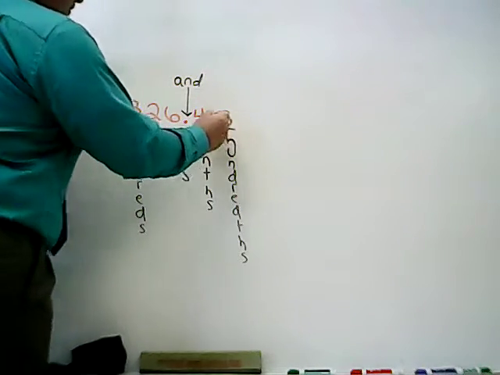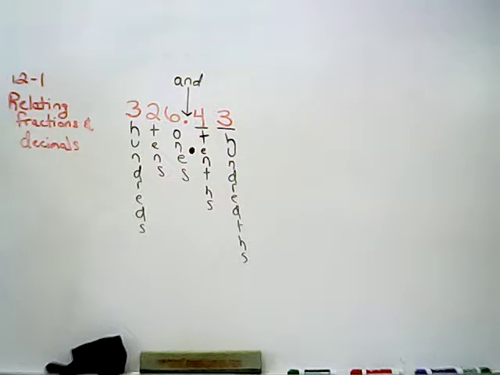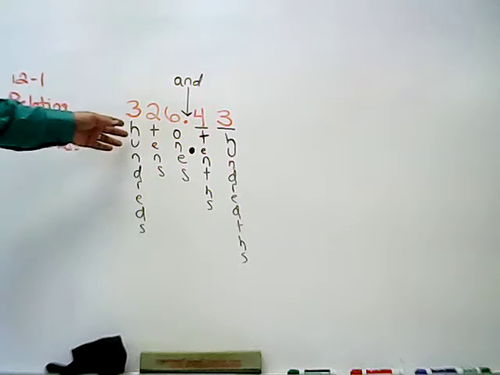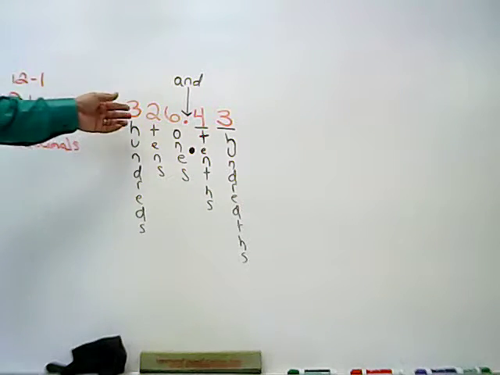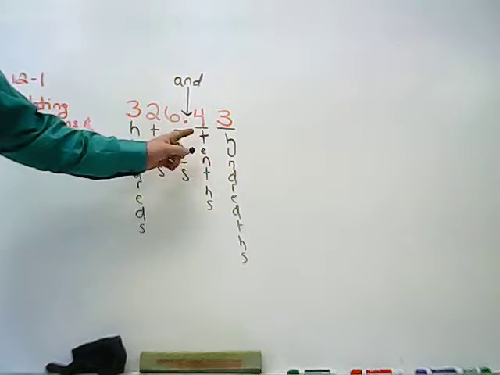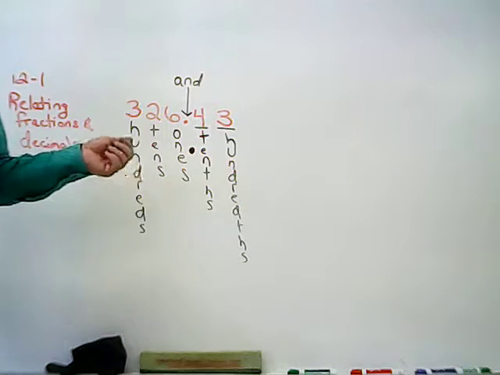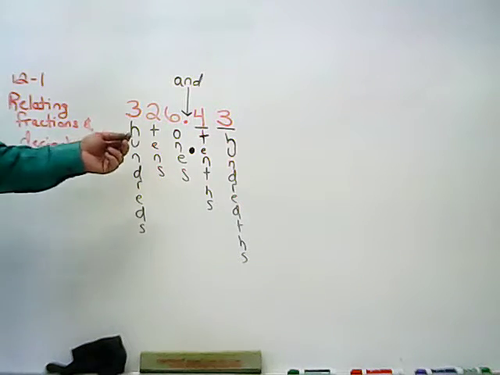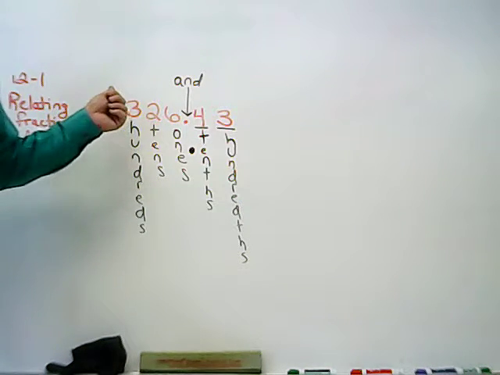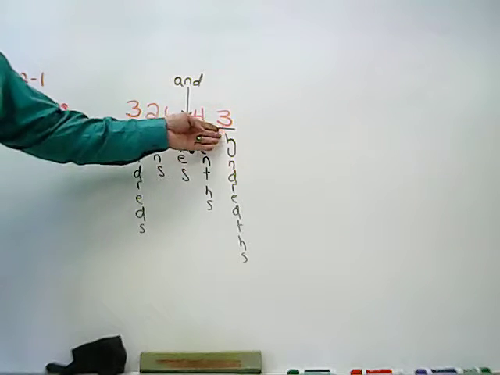We'll make it a 3. I've completely changed the number I had. My ones place, my tens place, and my hundreds place stayed the same. My tenths stayed the same, but it's not going to be just the tenths place anymore. What you want to do when you say a number with a decimal is be sure to say the farthest place value that's listed.